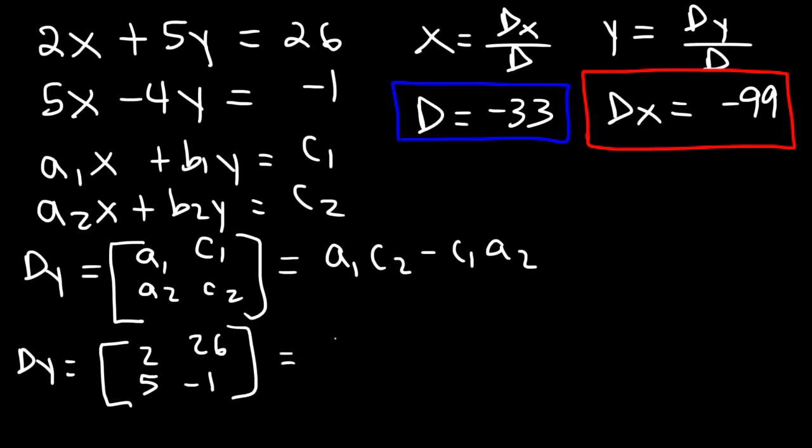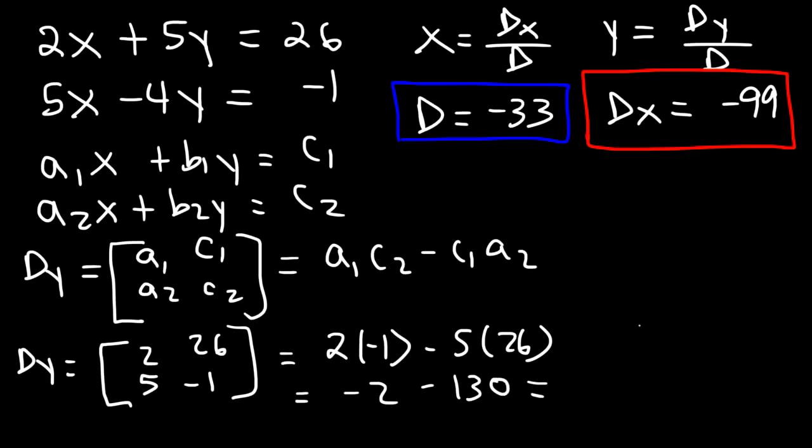So it's going to be 2 times negative 1 minus 5 times 26. 2 times negative 1 is negative 2. Now 5 times 20 is 100. 5 times 6 is 30. So 100 plus 30 is 130. So 5 times 26 is 130, and negative 2 minus 130 is negative 132. So dy is equal to negative 132.